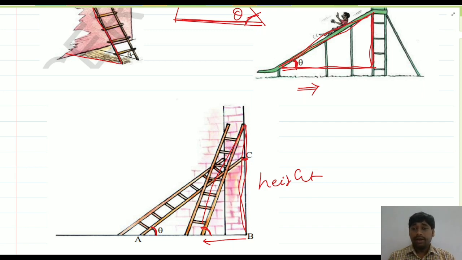Now that we know where we will use them, let us see how we can name these trigonometric ratios with the help of the sides. Let us draw a right angle triangle.